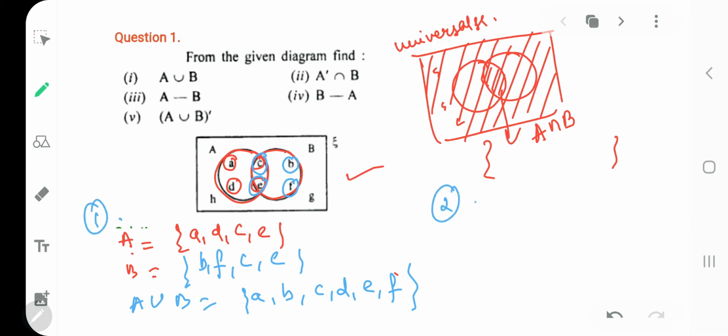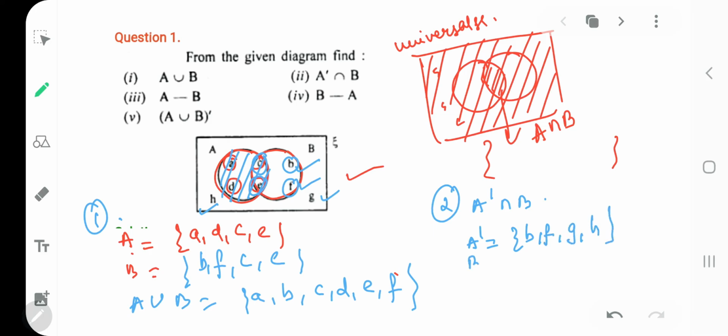Next we have A complement intersection B. Now what is A complement? A complement means everything other than A, all the remaining elements are called its complement. So what are the remaining elements? B, F, G, H. Getting my point? So can I write A complement is B, F, G, H?